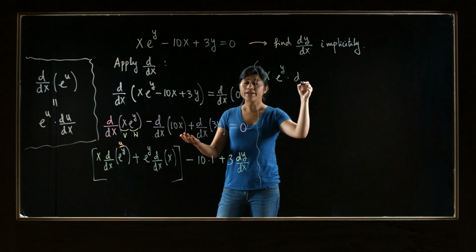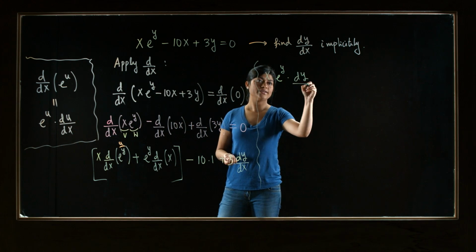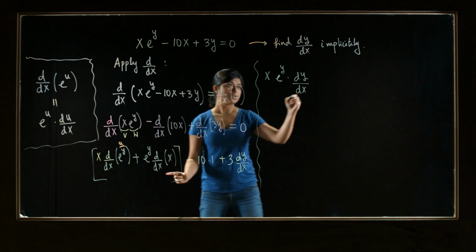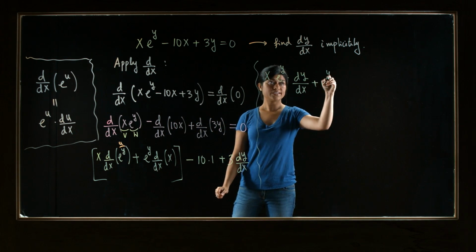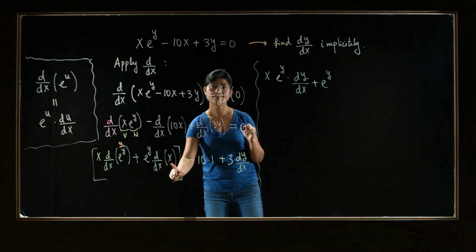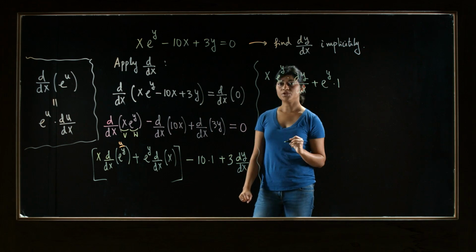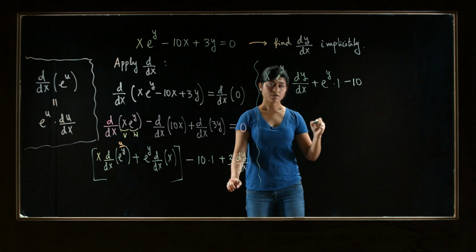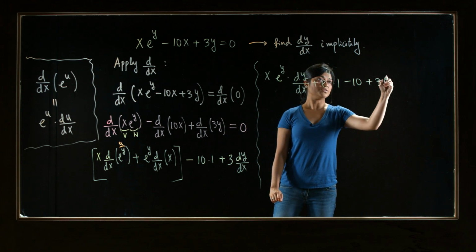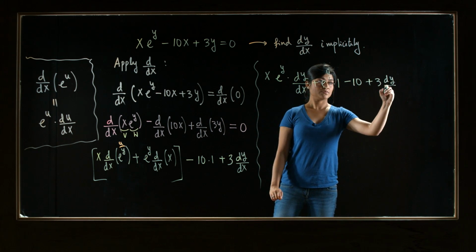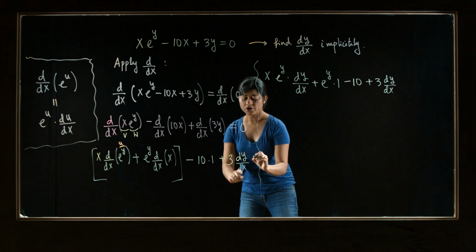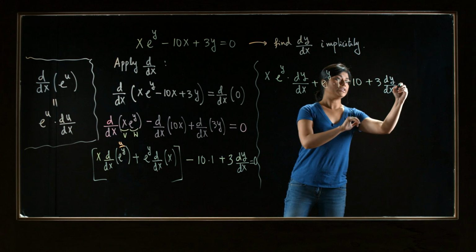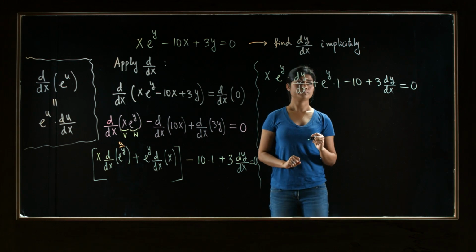But u is y, so this is just dy dx. Okay. The second term, e to the y stays as it is, and d dx of x is just 1 using the power rule. And then we have negative 10 and plus 3 dy dx. And I forgot to mention this should be equal to 0 because this is an equation. And here also this should be equal to 0.